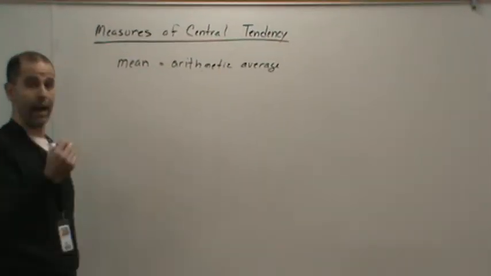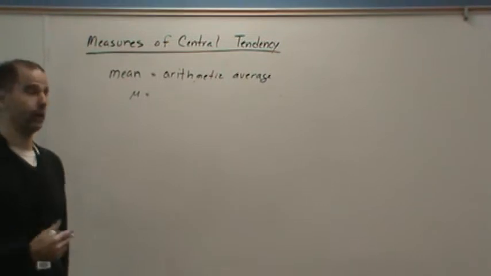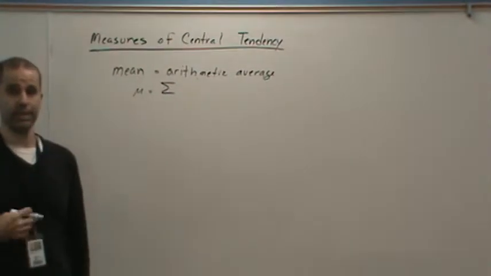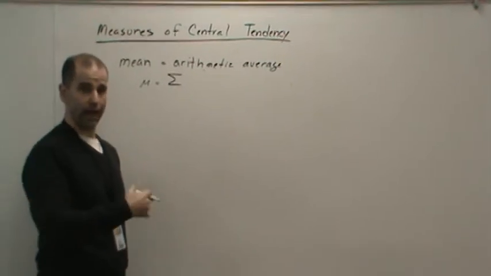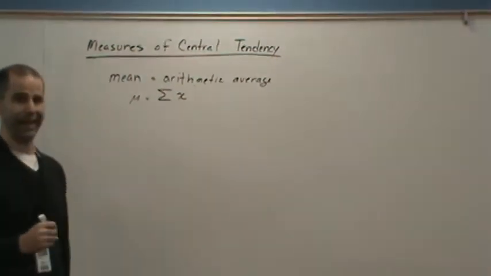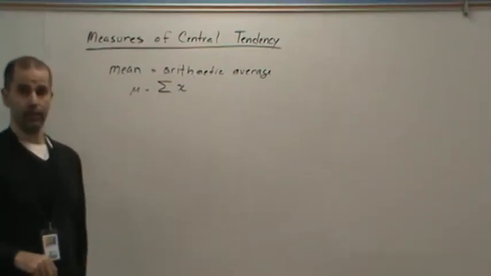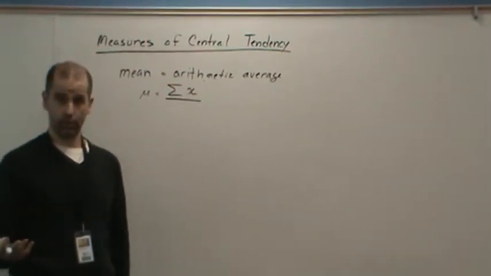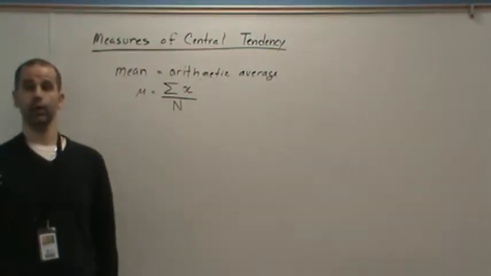The population mean is mu, and the way we calculate mu is we take the sum, using the capital Greek letter sigma, which means summation. We sum all of the values in the population, and every one of those values we call x. We talked about that before. Then we divide by the size of the population, which we denote by a capital N. This is the formula for mu.